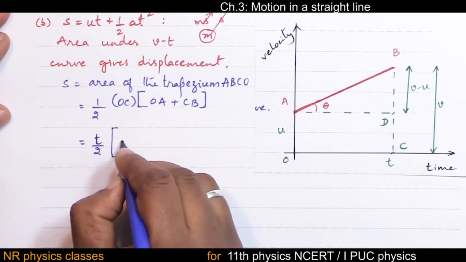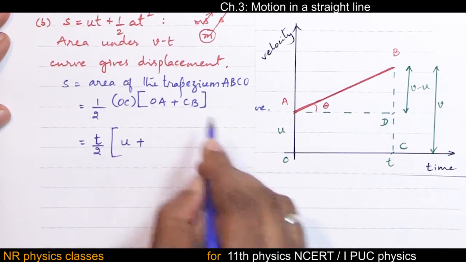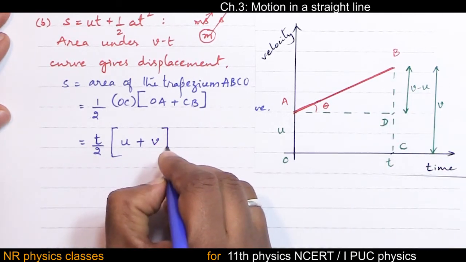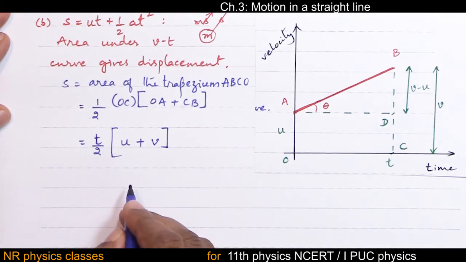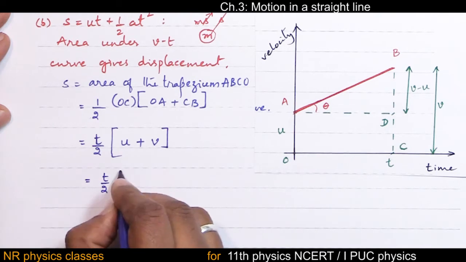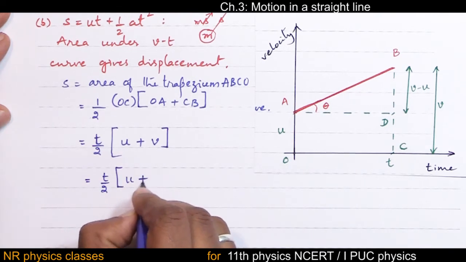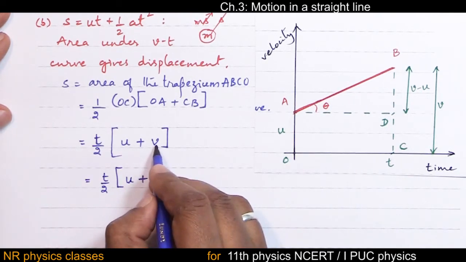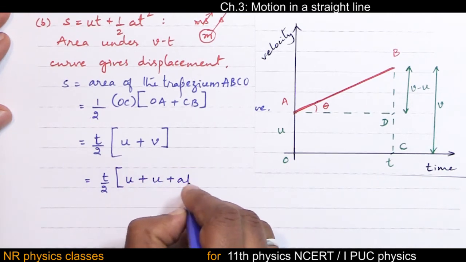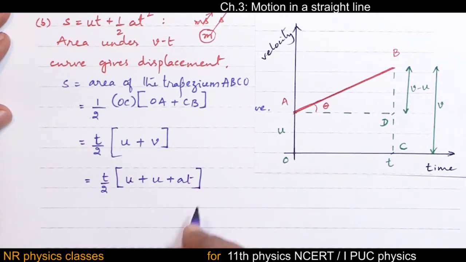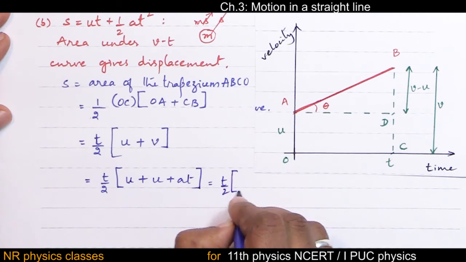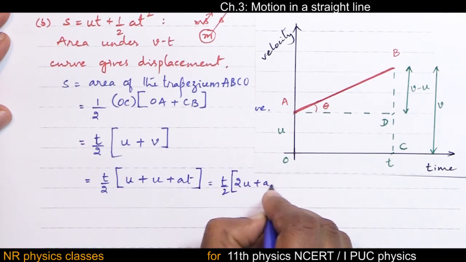OA is the initial velocity U, plus CB is the final velocity V. So T by 2 into U plus final velocity V, and we just derived that V is U plus AT. So it equals T by 2 into 2U plus AT.